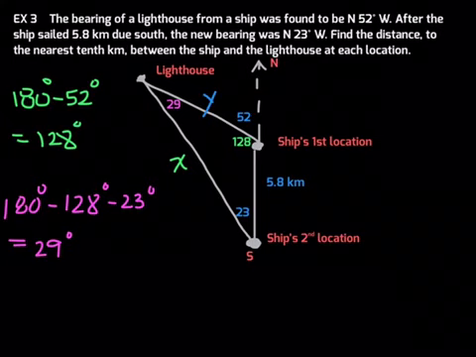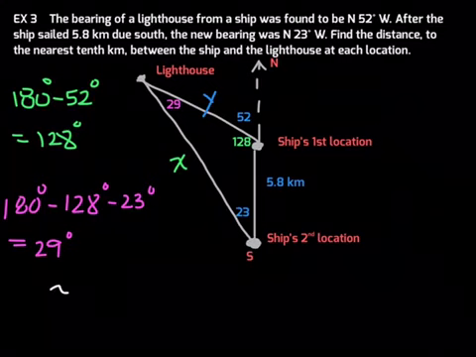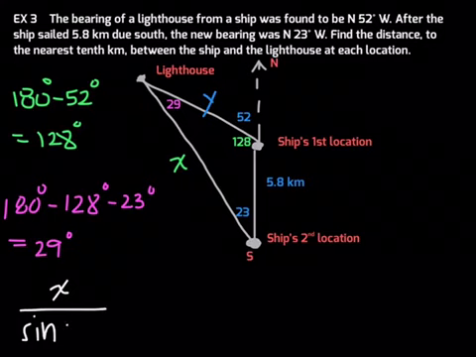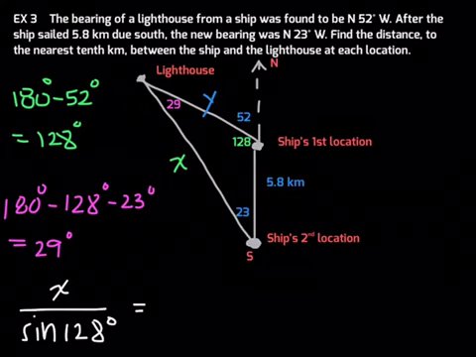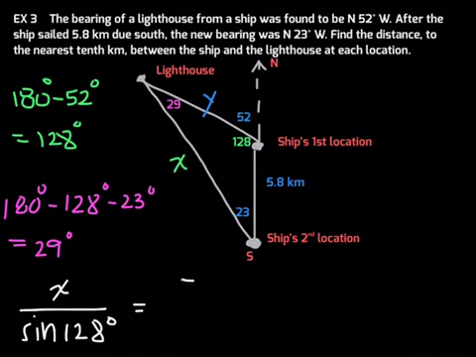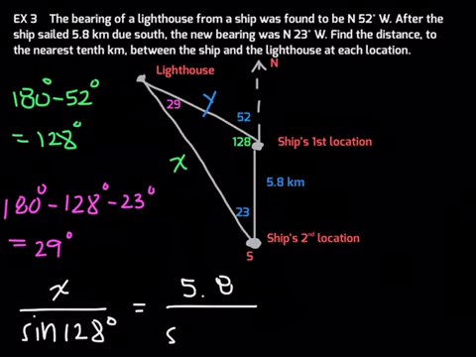I can use the law of sines as follows. x is to sine of the angle opposite side x, which is 128 degrees. Let's see, let's use another side length. The side length that you know is 5.8 kilometers. 5.8 kilometers is to sine of the angle that's opposite that side length, which is 29 degrees.